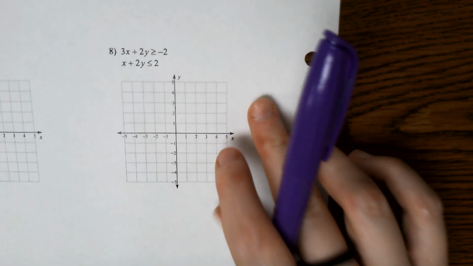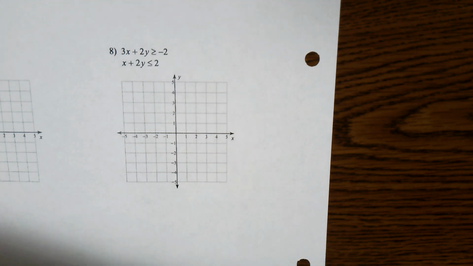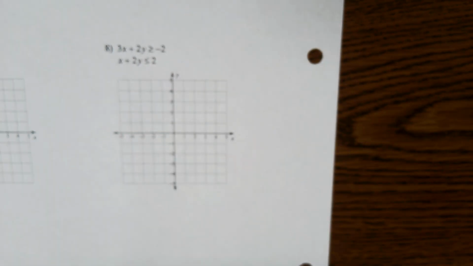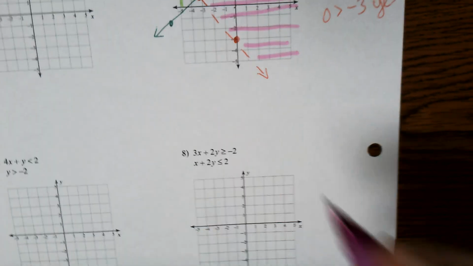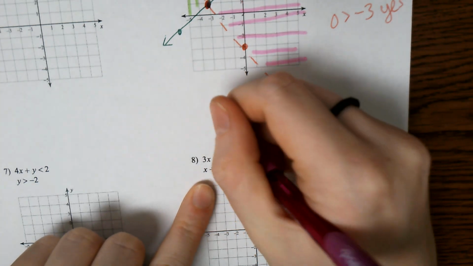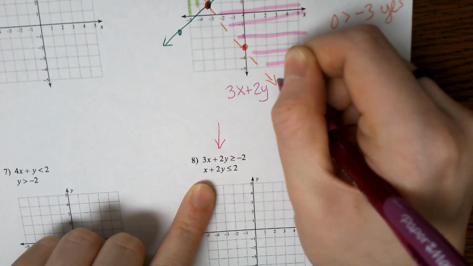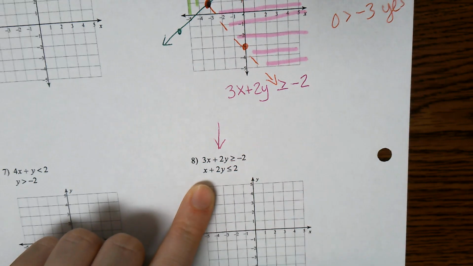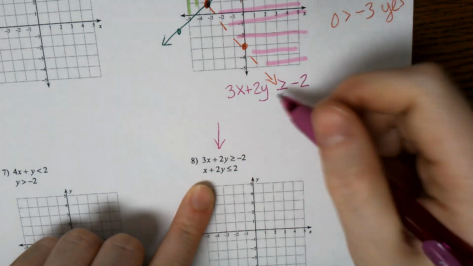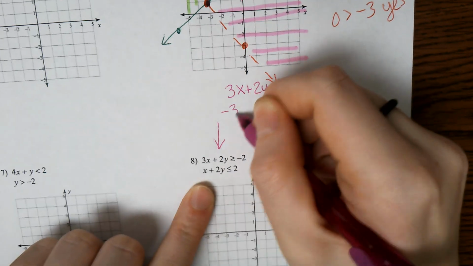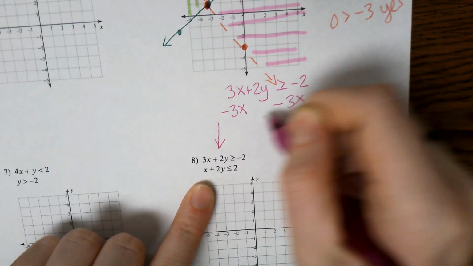Now, I'm going to come down here and do number 8 with you. This is one that is not solved for y first. So before I can do anything, I need to solve both of these for y. So I have 3x plus 2y is greater than or equal to negative 2. So to get y alone, I need to subtract 3x from both sides.